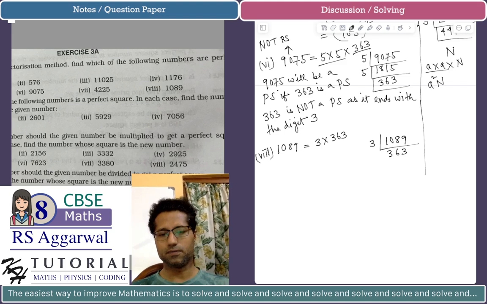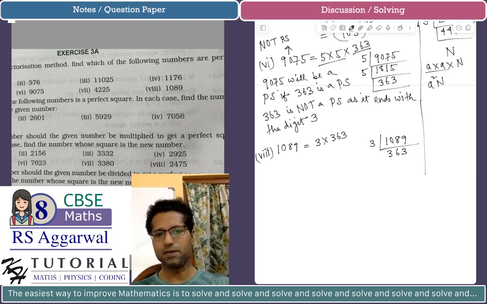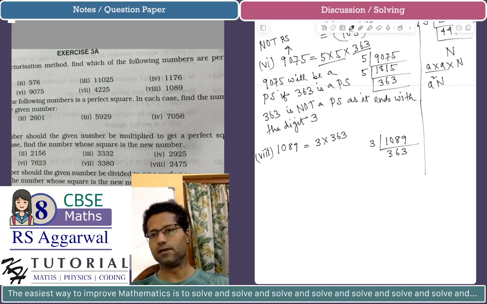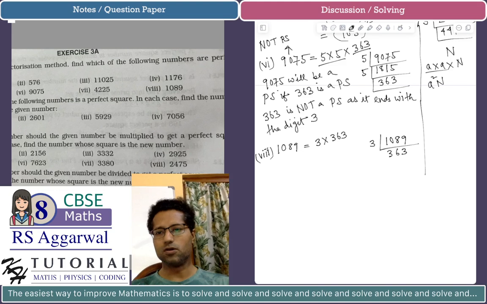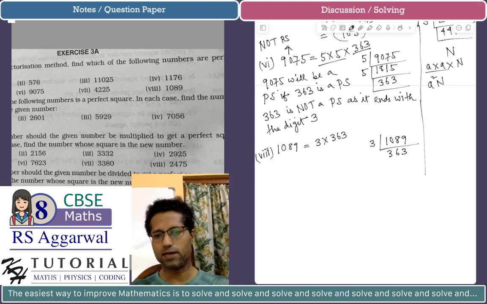The only thing I explained was that if you multiply a square with n, then if n is not a perfect square, a square n will also not be a perfect square. And a square n will be a perfect square only if n is a perfect square. So now we actually have to find the prime factorization of 363.